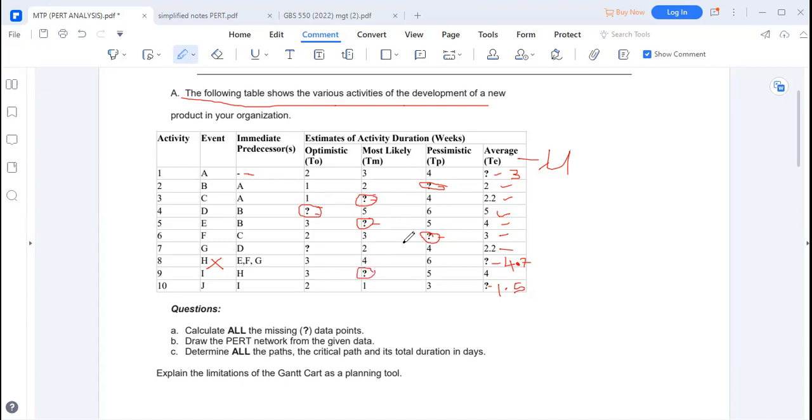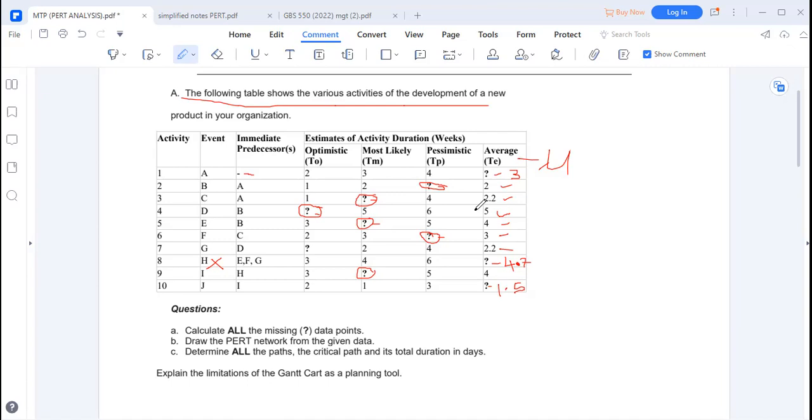All right. So if you want to go to B to find the pessimistic, we need to look at the breakdown of what has been given, so that we can find the missing figures. So the time expected for B is actually 2.